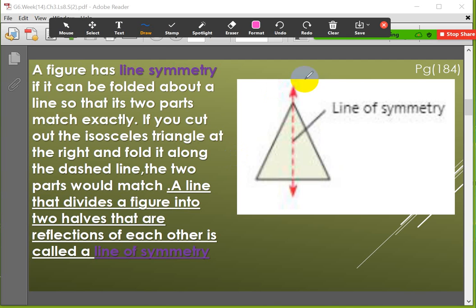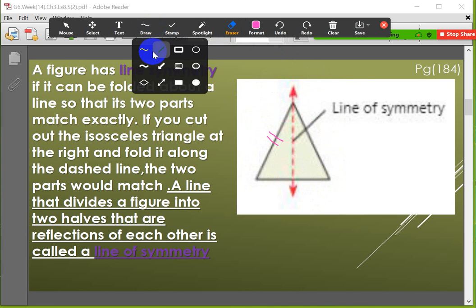That means if you cut this, look at this triangle. This is an isosceles triangle, right? What type of triangle is this? You know that when I have a triangle with two equal sides, we name this triangle an isosceles triangle. Those sides are equal. You remember that?